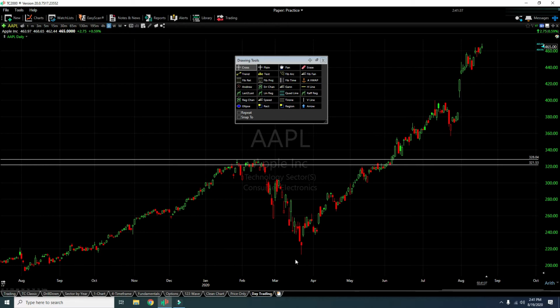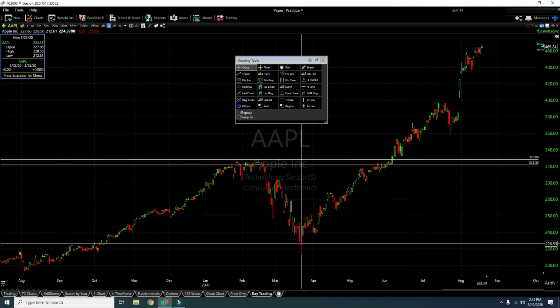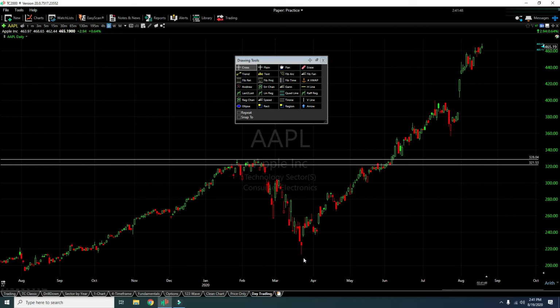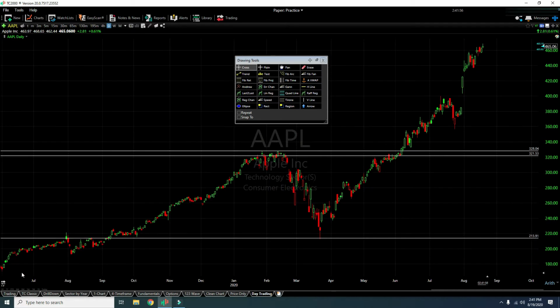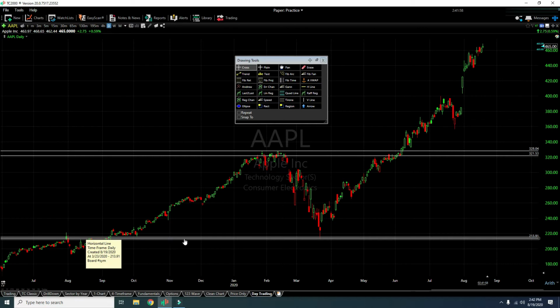Now let's draw one of the major supports. If you look at this chart, on March 23rd of this year, Apple made a recent low. So you connect that low across to the left. If you scroll down, you can see that it's touching several points. This is a very valid support.